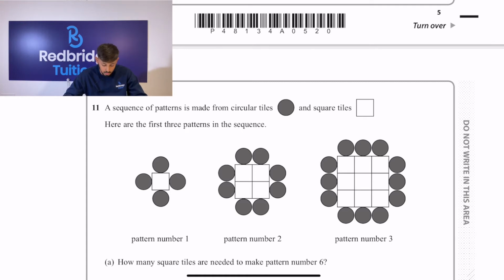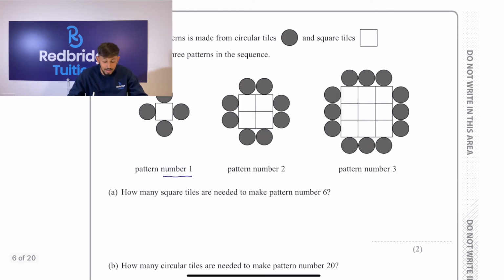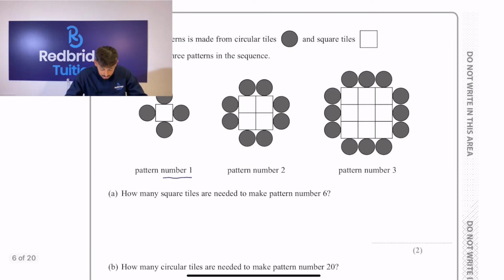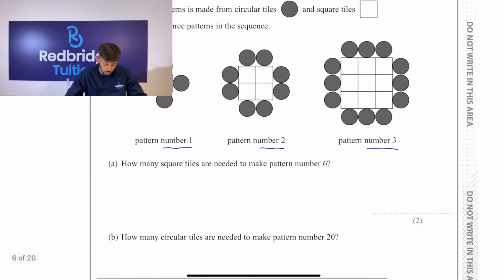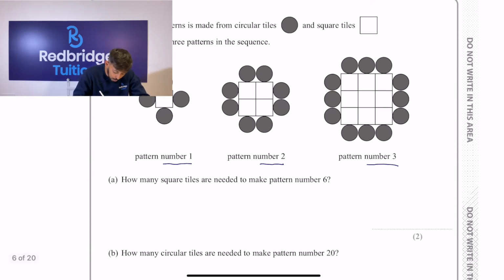What we need to notice here is the relationship between the pattern number and the number of square tiles we have. We've got pattern number 1 and 1 tile. For pattern number 2, we have 4 square tiles, and for pattern number 3, we have 9 square tiles. So what we notice is that the pattern number squared gives us the number of square tiles that we need.